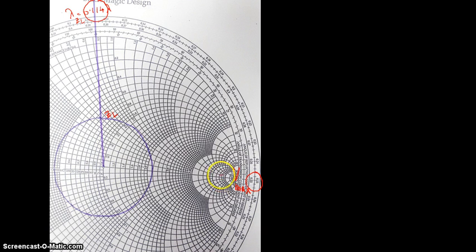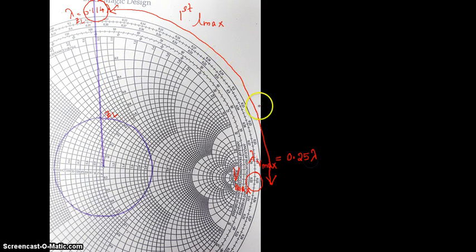So this distance is called the first L maximum. The initial point is the load, the final point is your Vmax, and the lambda of Vmax is equal to 0.25 lambda if you see the scale.